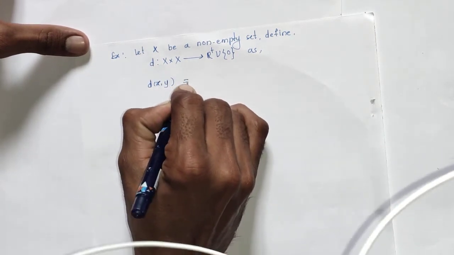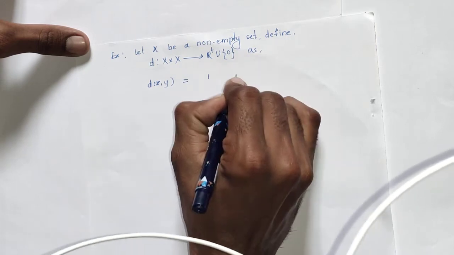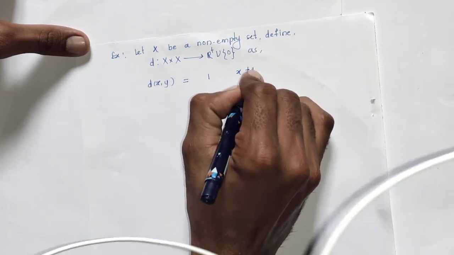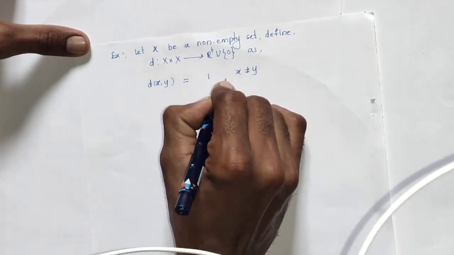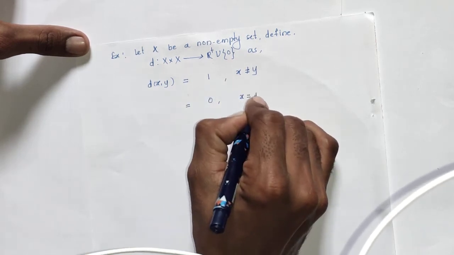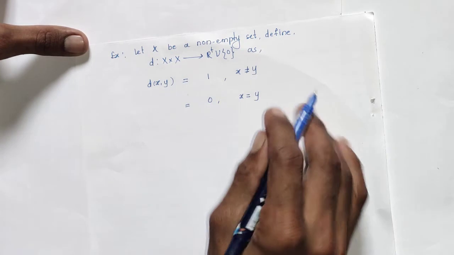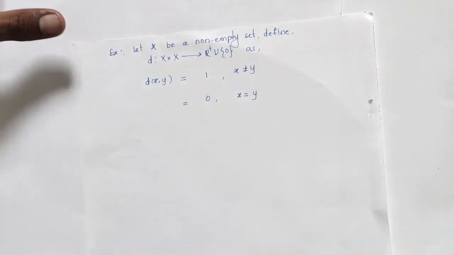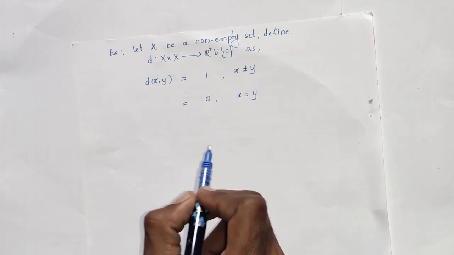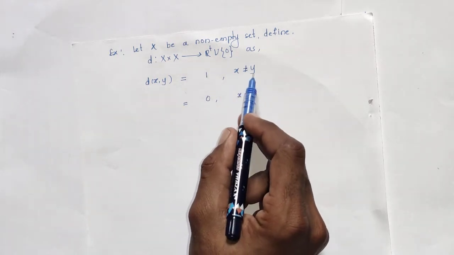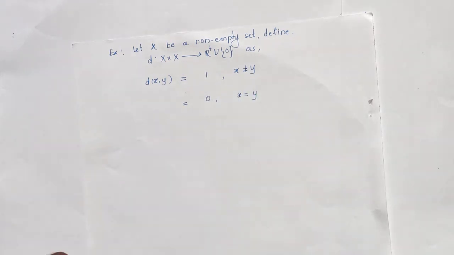distance of xy is equal to 1 whenever x is not equal to y, and distance of xy is equal to 0 when x is equal to y. That is, we are given that X is a non-empty set on which the function d is defined, as distance of xy equals 1 when x is not equal to y and 0 whenever x is equal to y.